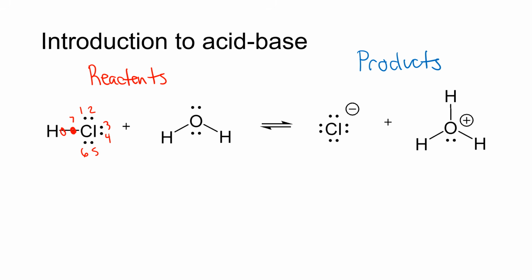Hydrogen also has 1 valence electron that's involved in that covalent bond between the H and the Cl. Okay. And then when we look over at the Cl species on the product side, we can count 1, 2, 3, 4, 5, 6, 7, 8 electrons.